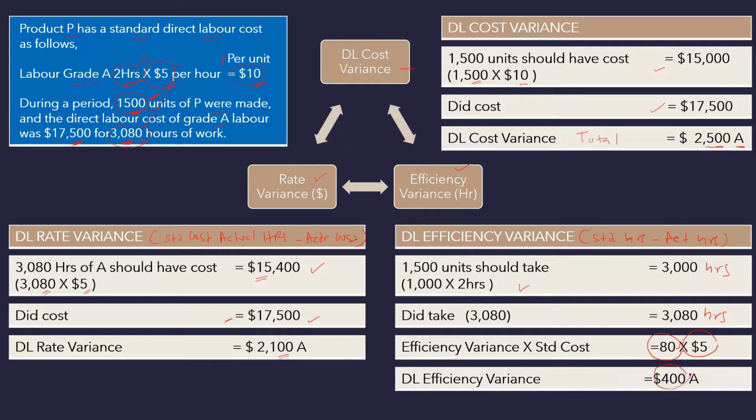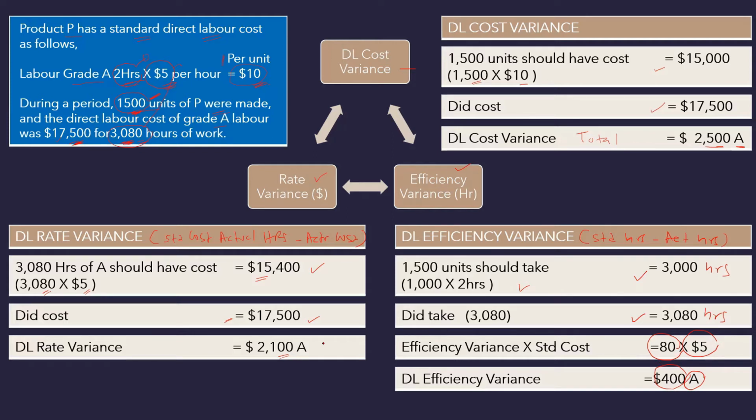$400. It's an adverse variance because we should have used 3000 hours, but we used 3080 hours. So therefore, it's inefficient. So therefore, it's an adverse variance. Okay, 400 adverse variance.